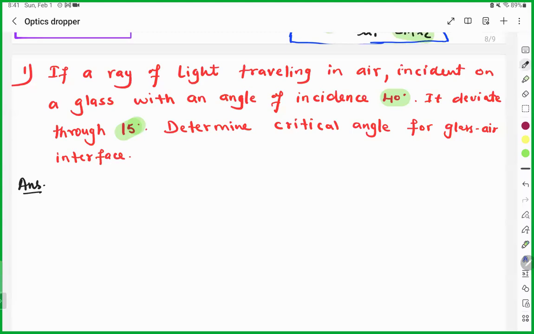You don't need to write, just leave it like this. Okay, sir. I thought it was sine 45, so sorry. No, sine 40.